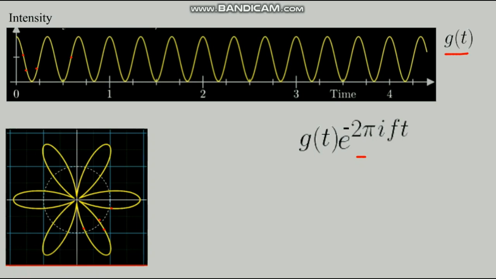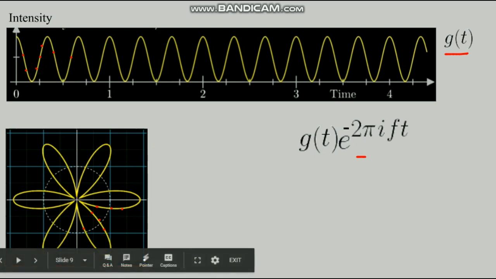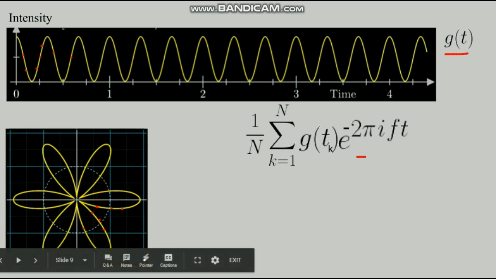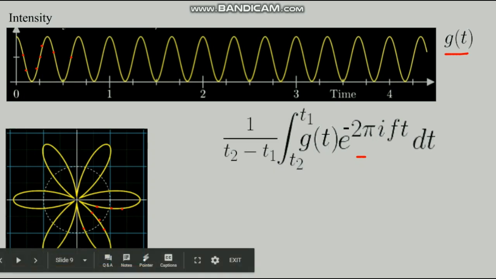Now, of course, if you sample more points in time that are close to each other, the results are bound to be more accurate. And the formula for that would look like this. But rather than looking at the sum of multiple points and getting their averages, you can actually take an integral of this function divided by the size of the time interval that we're sampling, like so.